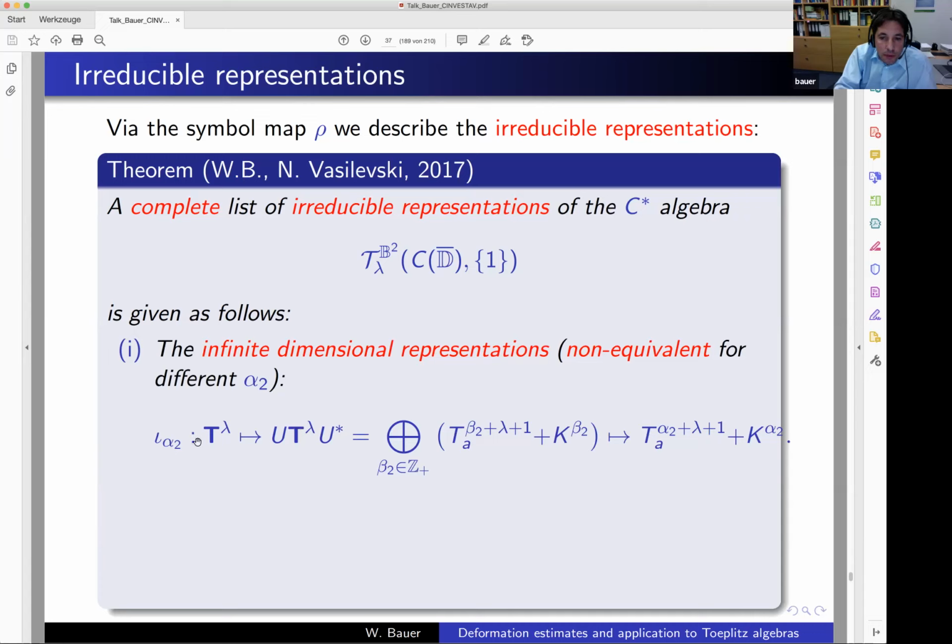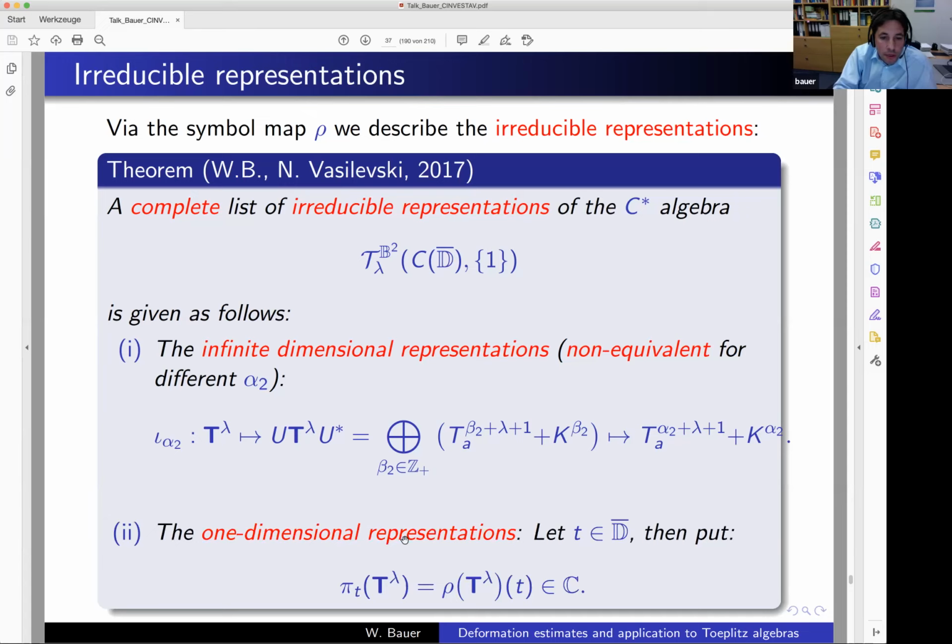which are formed in the following way. We take an operator which is in this algebra, T lambda, and it has a decomposition of this type here. We pick out the level alpha 2 in this decomposition, and this gives us an operator on the weighted Bergman space over the unit disk with this weight here. And that is one type of representation, and alpha 2 runs through Z+.